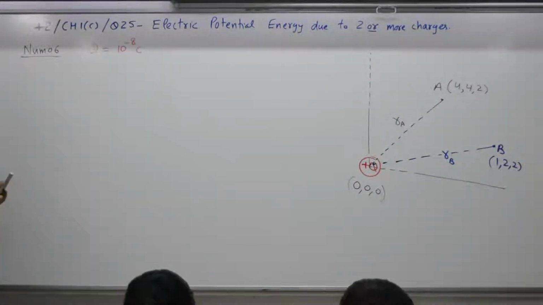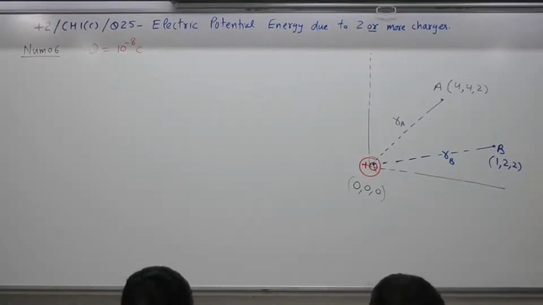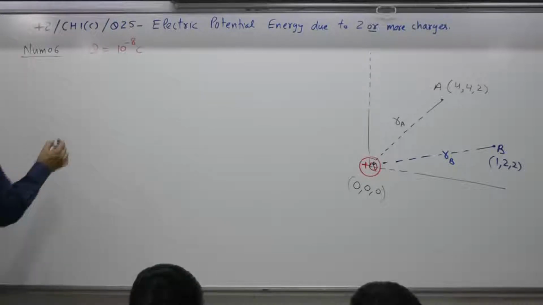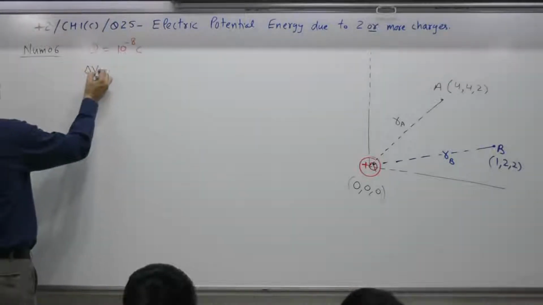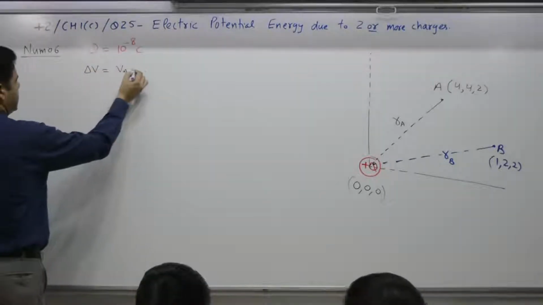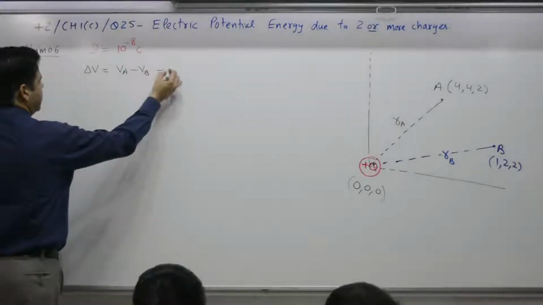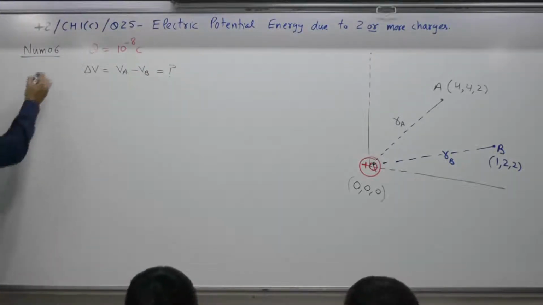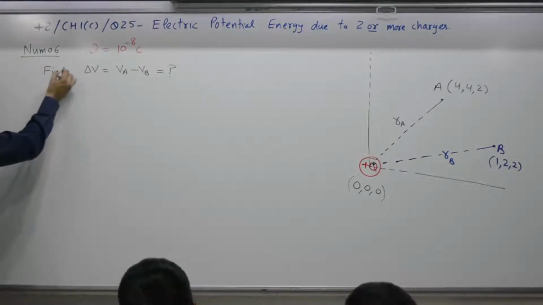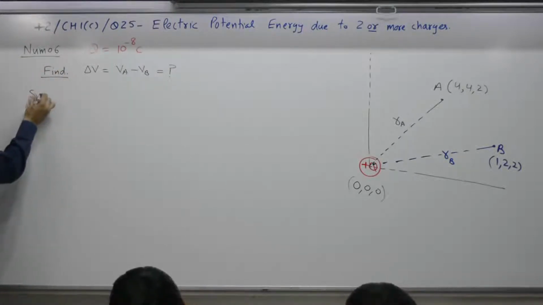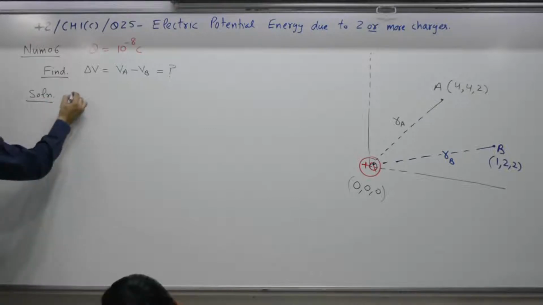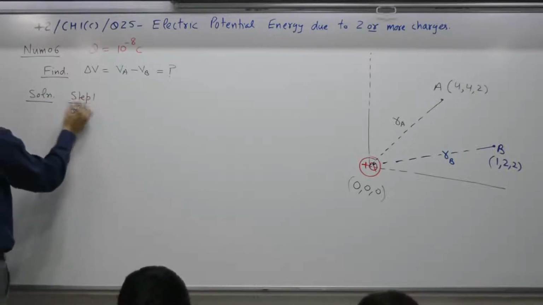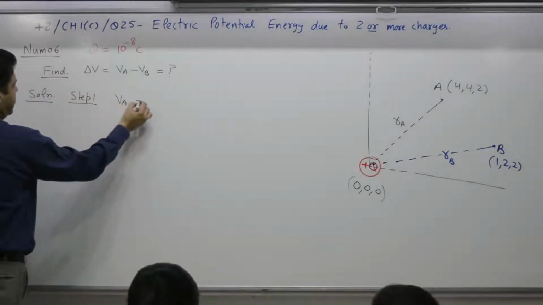You have to find out what? Potential difference between point A and B. It is not mentioned here whether it is VA minus VB or VB minus VA. Let me say it is VA minus VB. So to find this, step 1, find VA.